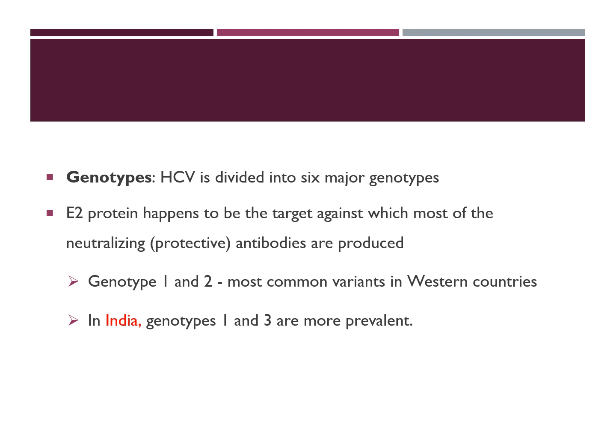Now this virus is divided into 6 major genotypes. What do we mean by genotype? Basically, variants of these viruses that differ in genetic sequence are known as genotypes. So there are 6 different genetic sequences that can be present in HCV.